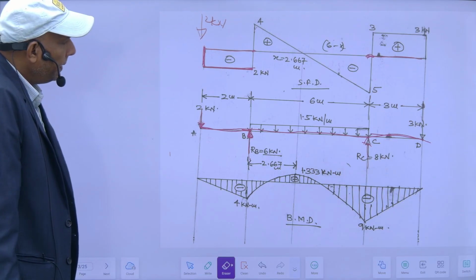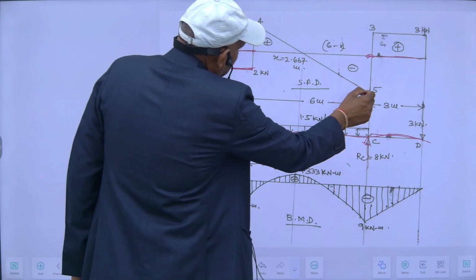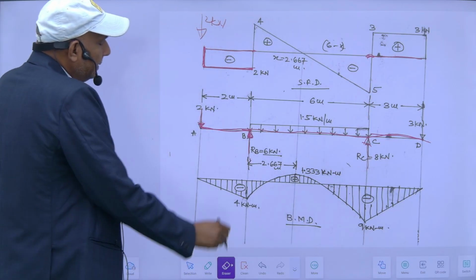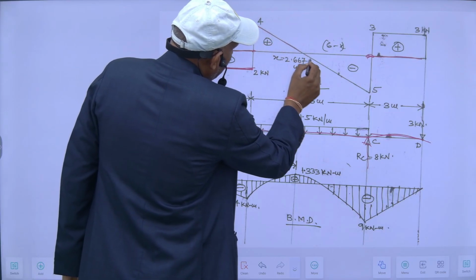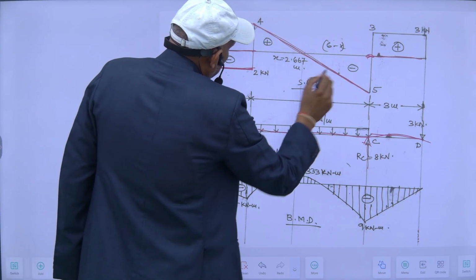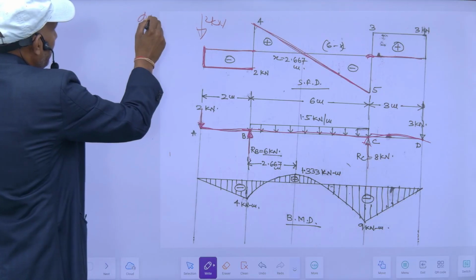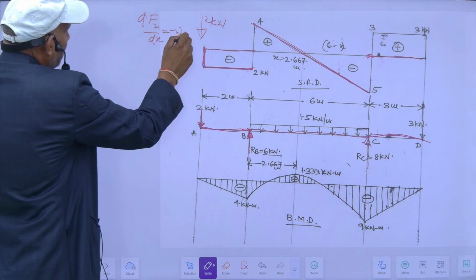Then if you see here, from here to here, the slope of the shear force is constant. The slope of the shear force, that is the derivative dF/dx, gives the rate of loading.